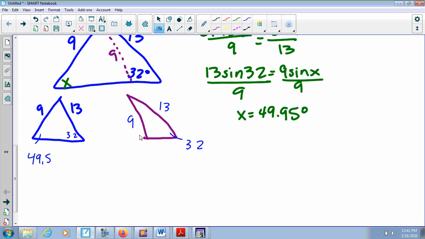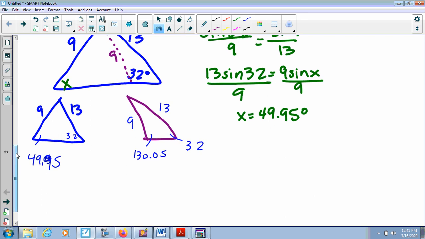The exterior one is 49.95. So for us to find this interior one, you say 180 minus 49.95, and this is 130.05. So you can go through, solve the rest of the triangle, subtract from 180, use law of sines to find the remaining ones.